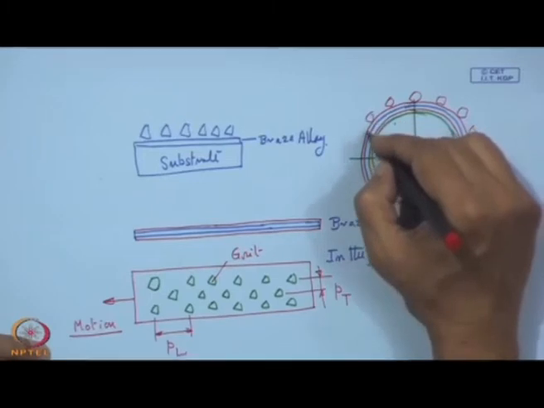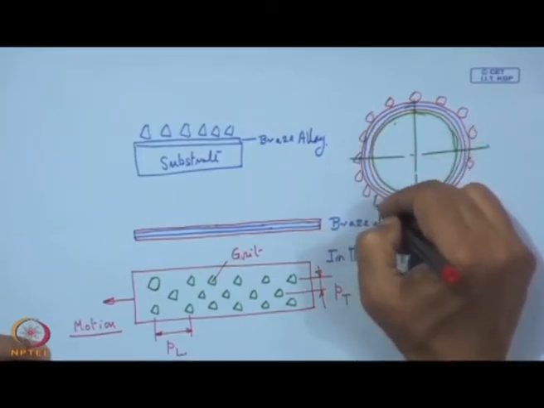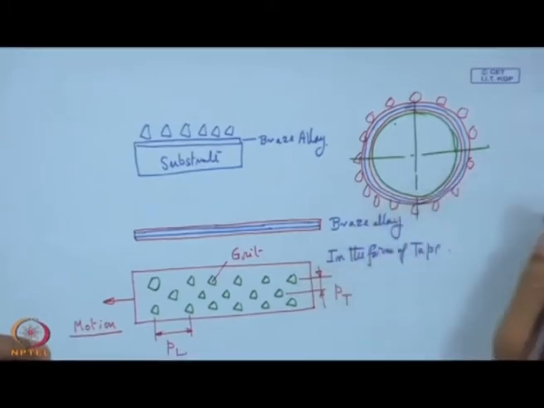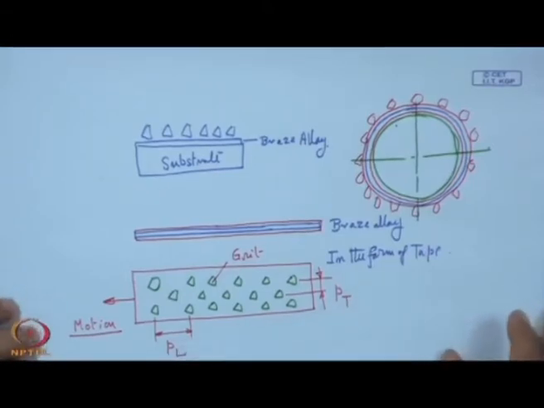Though it is not a continuous coating, it is actually a monolayer of abrasive grit, and this is going to be used. So, PL and PT are two parameters, and with screen print technology it should be possible.